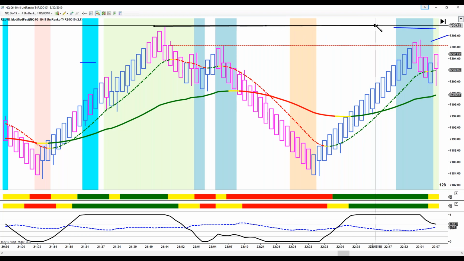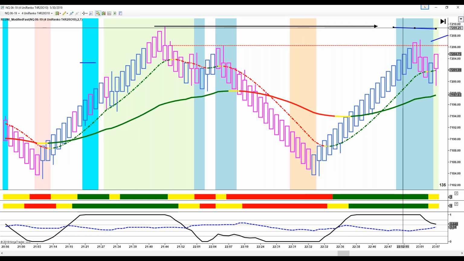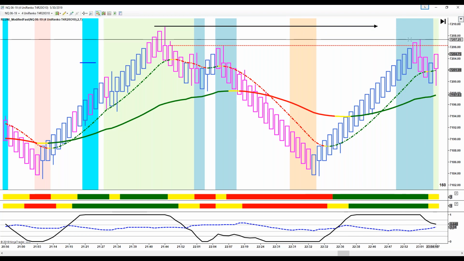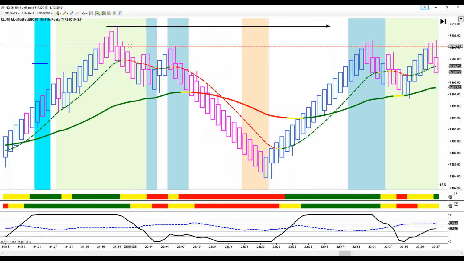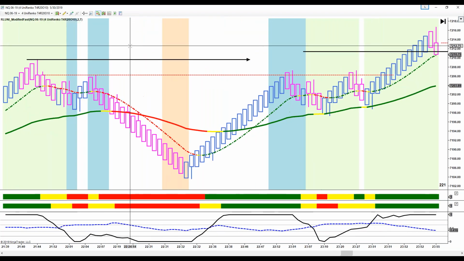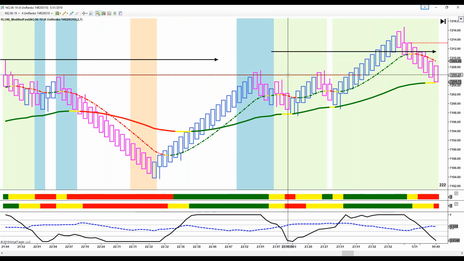And if you know that wicks in Japanese candlestick dogma have no meaning, they're just nonsense. A pivot is created by a candle body high. And these pivots are killer pivots. And they work for us in two ways. And this is how we're going to trade them and leverage them.